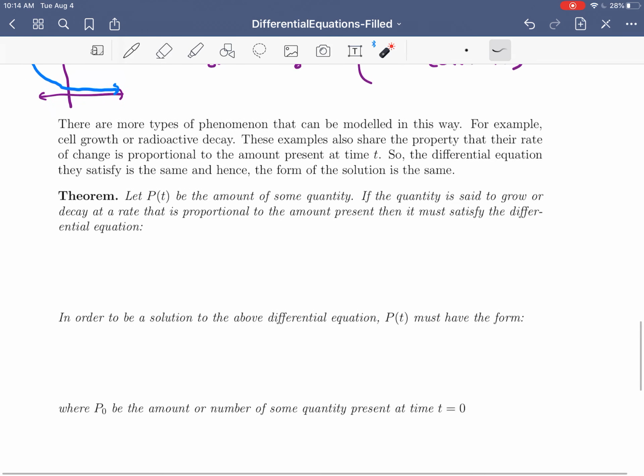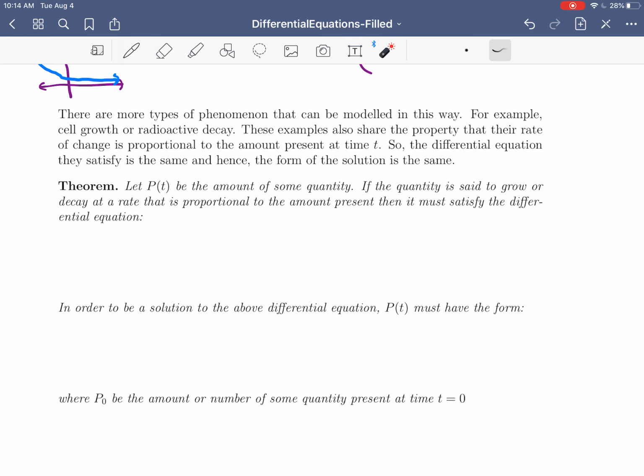And so we have a differential equation of a certain form, which means we get a solution of a certain form. So if P of t is the amount of some quantity, and the quantity is said to grow or decay at a rate that's proportional to the amount present, then we get the differential equation dP/dt is equal to k times P, for some constant k.